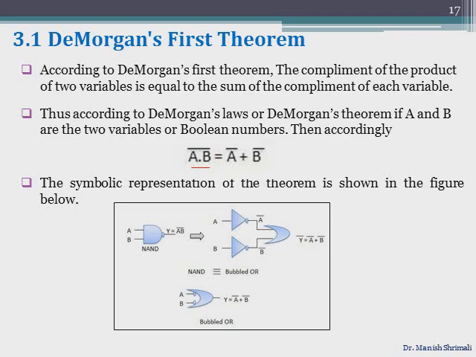This is equivalent to here A complement, here we are getting B complement, this is an OR gate, so it will add these two, so we are getting A bar plus B bar. So this is equivalent to the bubbled OR gate. So this is what the first theorem is.